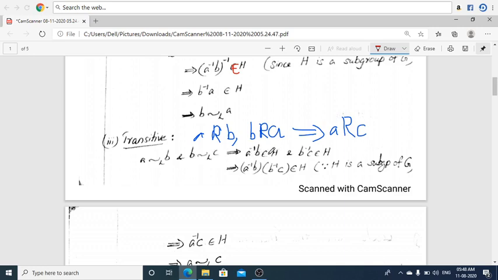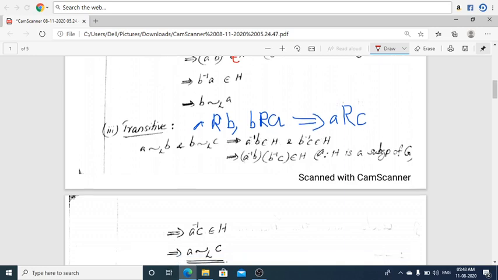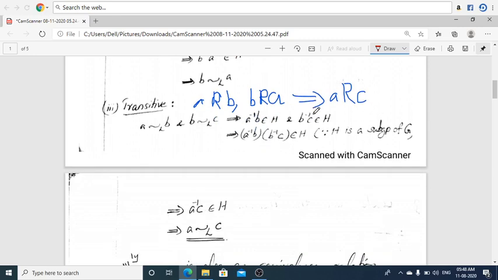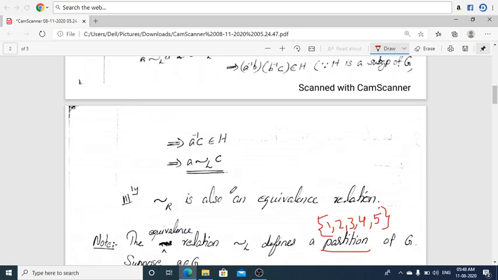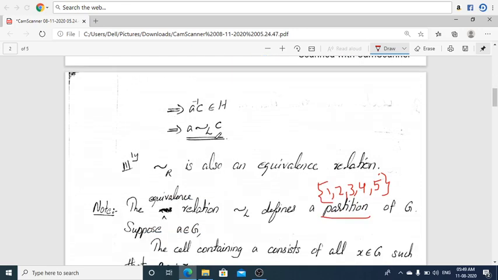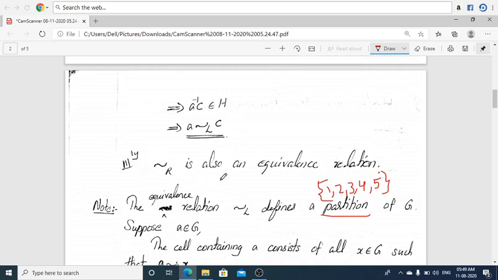That means a inverse b belongs to H and b inverse c belongs to H. Since H is a subgroup, it is closed, so a inverse b times b inverse c belongs to H. By the associative property, this gives a inverse, b b inverse identity, c, so a inverse c belongs to H, which means a ~L c. So it is reflexive, symmetric and transitive, so this is an equivalence relation. Similarly, we have to prove that ~R is also an equivalence relation.